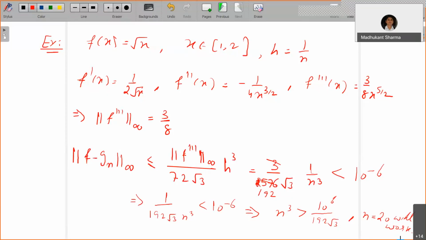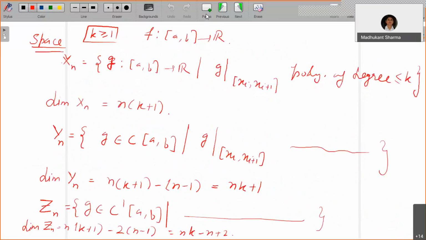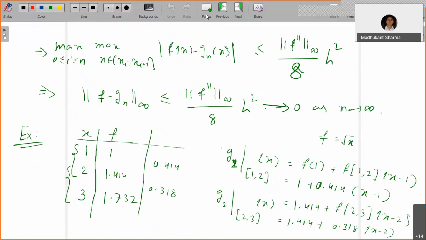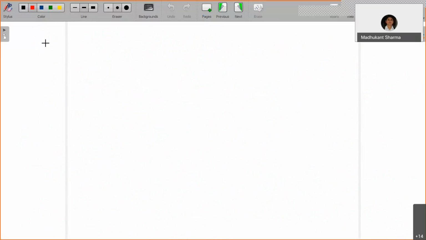Okay, and let's say you have the previous example, so let's say this is there, and I wish to work with the quadratic interpolating polynomial with piecewise structure.